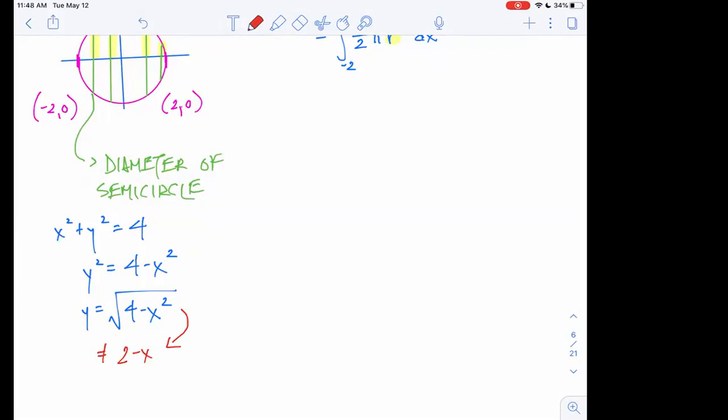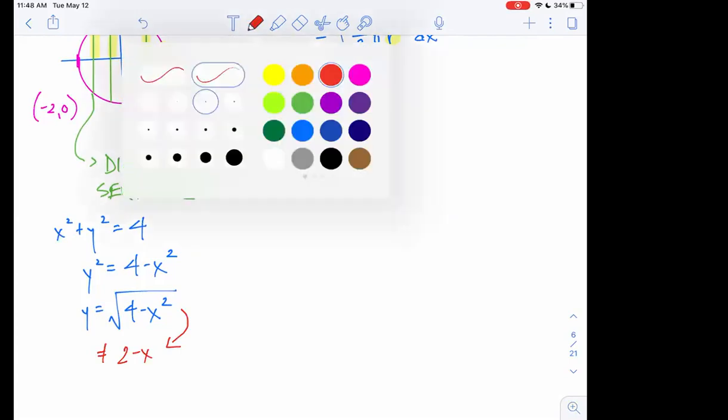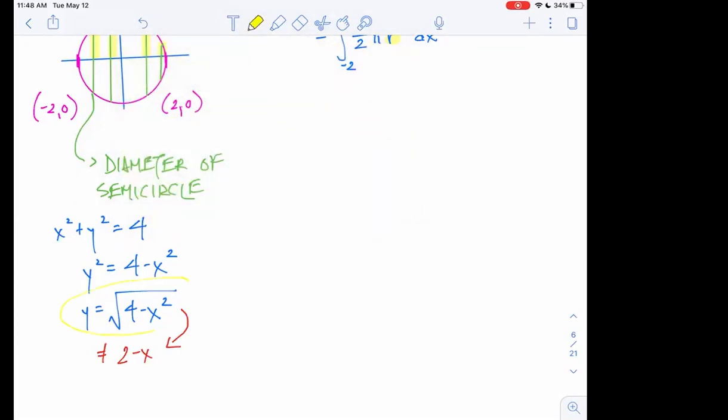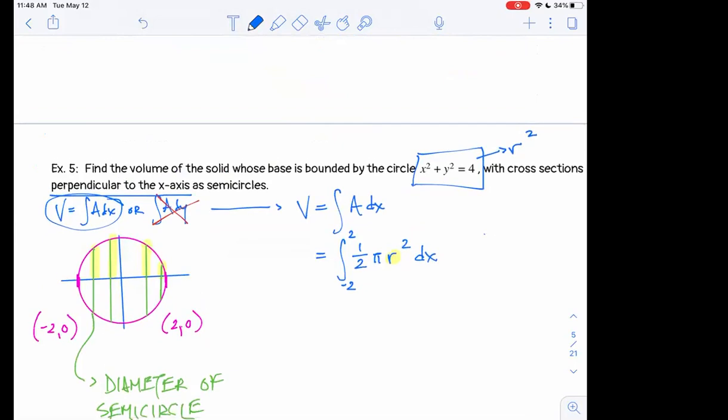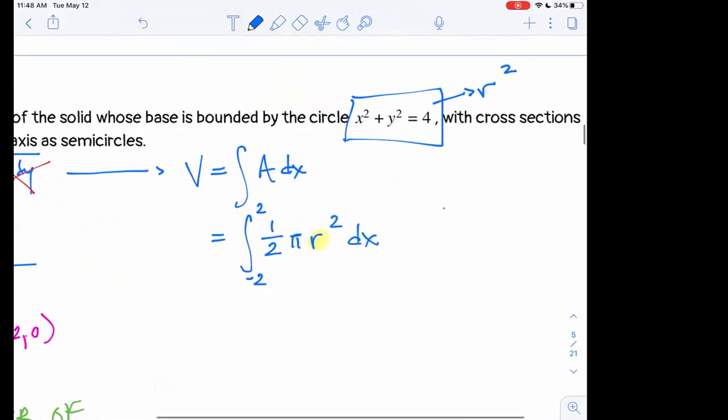So don't simplify. We cannot simplify that square root unless everything is multiplied. But what we have here is the equation for our radius. So I'm going to bring that up to the top. So square root of 4 minus x squared, and I'm going to put that in for my r.